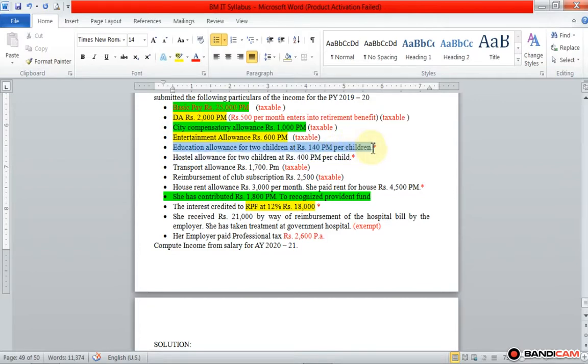Education allowance is rupees 140 per month per child, and the SAC has two children.